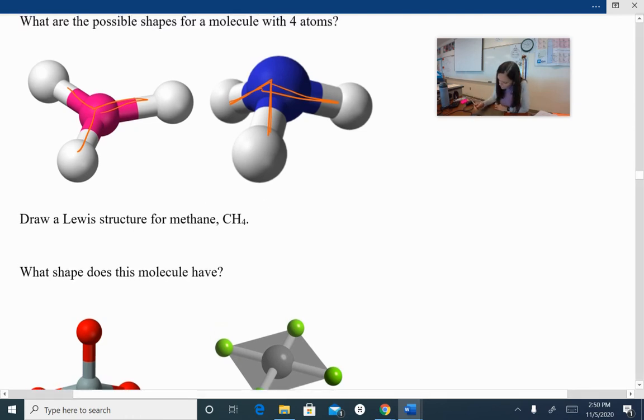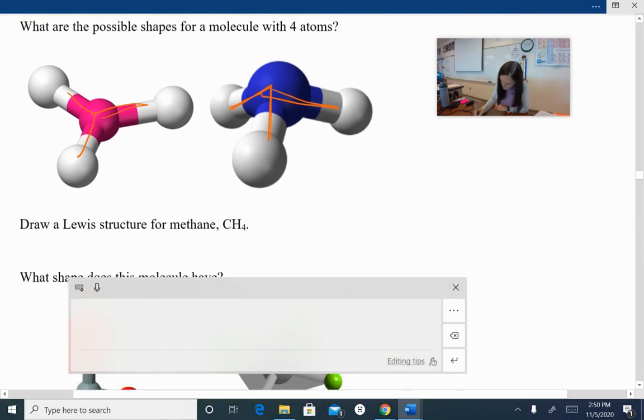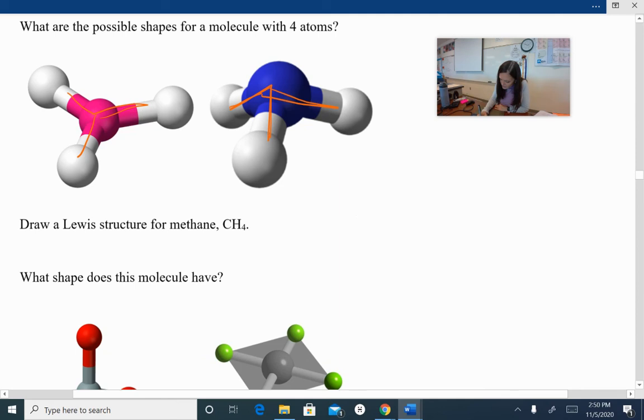So carbon has 4 valence electrons. And hydrogen has 1 valence electron, and I've got 4 of them. So altogether, it's going to give me 8 valence electrons.